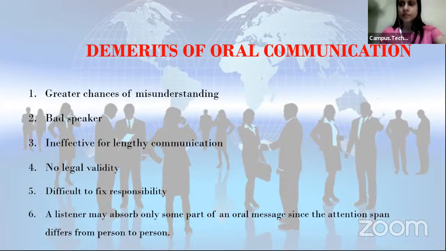So this way, the person who gets the information in the end gets an entirely new blunder, entirely new information, which is the combination of minds of all the different persons who were involved in this oral communication chain. So there are a lot of chances of misunderstanding. If the speaker is bad, you might lack attention. You might not be happy listening to that person.